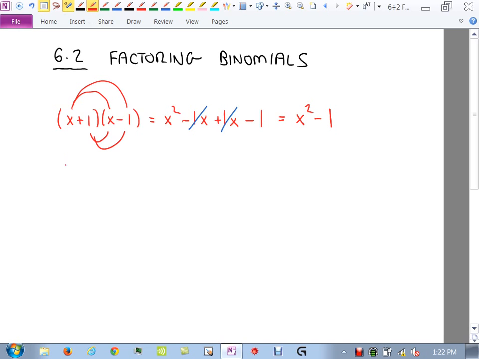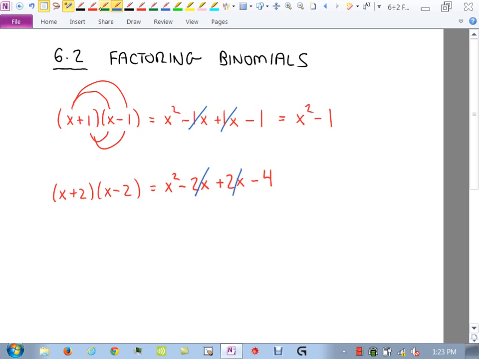Let's try another one below this. What's x plus 2 times x minus 2? X squared minus 2x plus 2x minus 4. So if you do those things again, you get that. What happens to the middle terms?